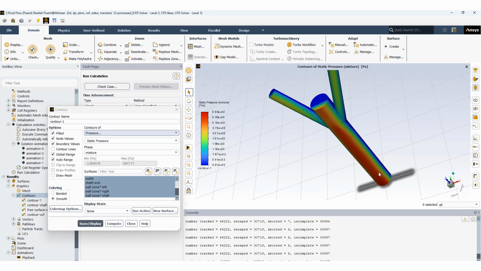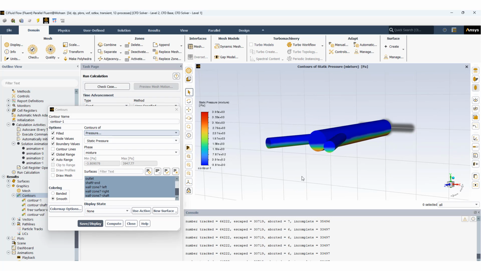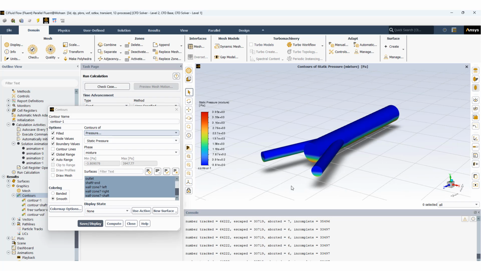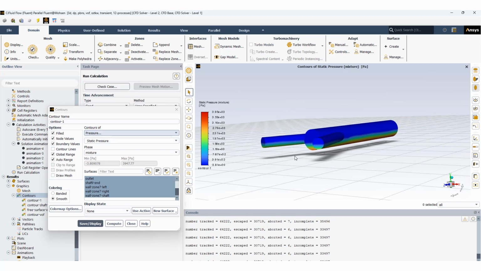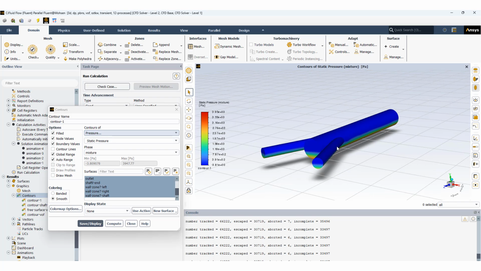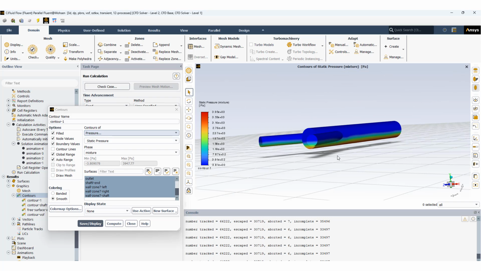Again, you see the maximum here at the bottom, which is in line with the hydrostatic pressure, and this is almost zero, which is like air pressure. So somehow we can see where we have water and where we have air in the domain. On top of that, we can have turbulence.